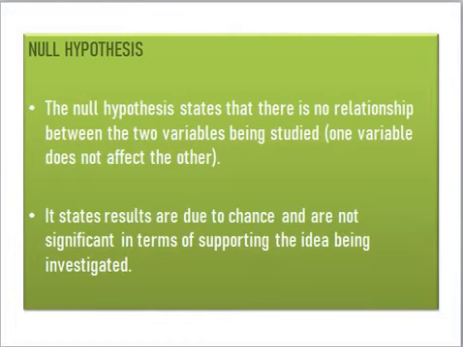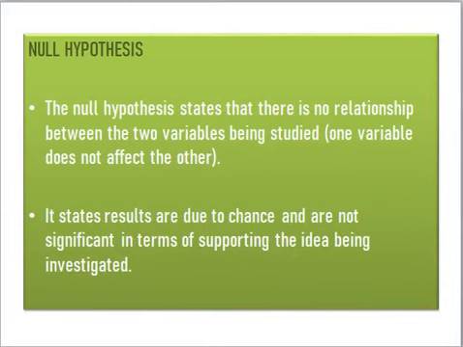And it states that results are due to chance and are not significant in terms of supporting the idea being investigated. Whether it is true or false will depend on the chance of occurrence.